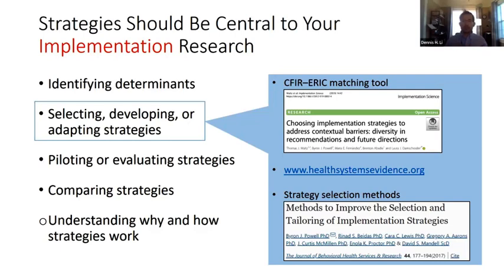And then third, if you wanted to take a more systematic approach to strategy selection, Powell et al. published a paper on a couple different methods that you could use. Some things like concept mapping you can do in conjunction with your implementation partners and make that a partnered activity. And other things like a discrete choice experiment will take into account a lot of end user preferences, but will require a little bit more resources.